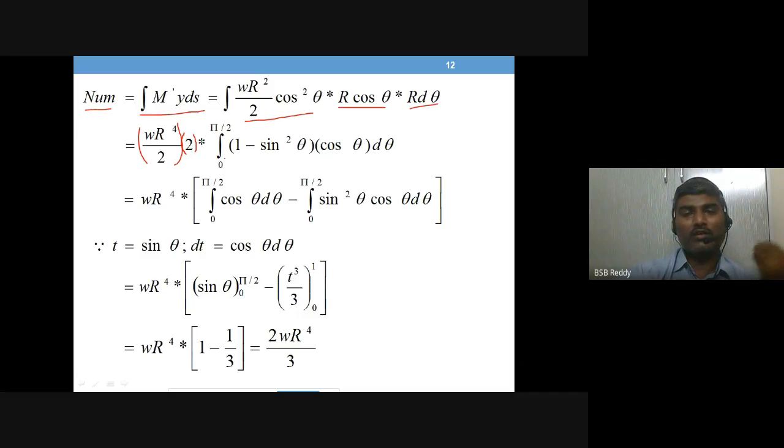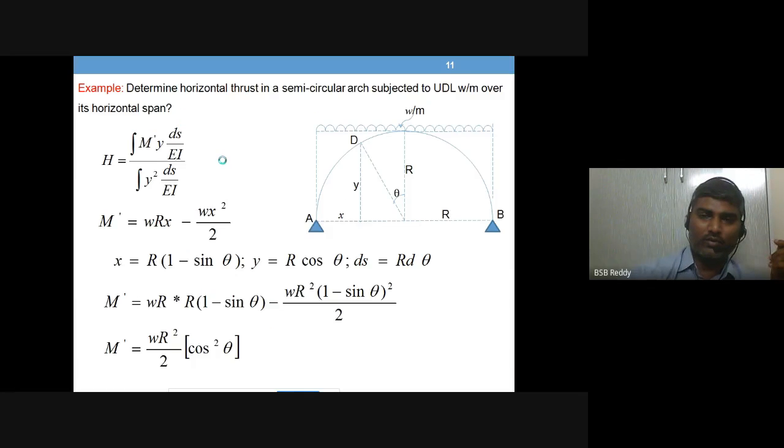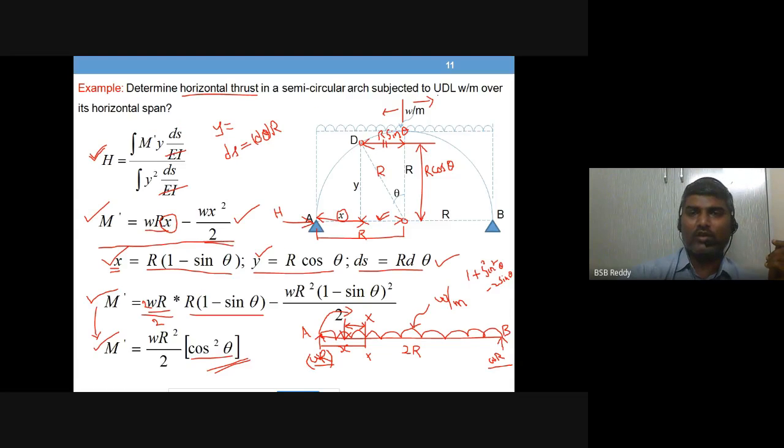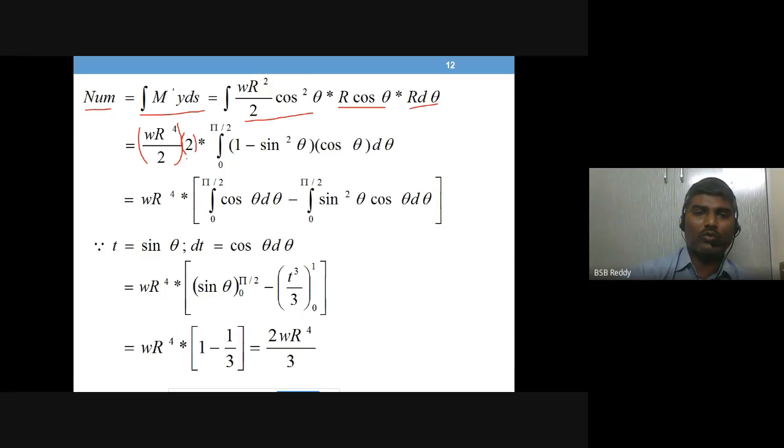So what is the half of the arch? Theta 0 to pi by 2. Theta 0 means crown point, theta 90 means springing point. So from crown point to springing point you are integrating, and the other half is also same. That's why we take this value and multiply it twice. So that is what this 2 means.